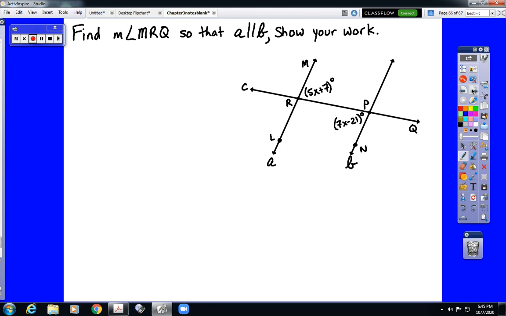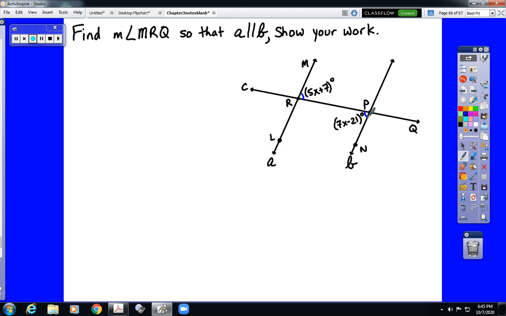Okay, we've got two angles in that picture that have markings. So the thing we should do is ask ourselves, what kind of angles are the angles marked 5x plus 7 and 7x minus 21? Well, they are alternate interior angles.